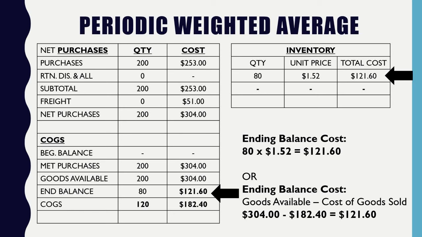I think there are 3 or 4 items to give up the cost of the net purchase. Yes, but in this class, I'm only teaching you just 2. Okay, thank you very much.